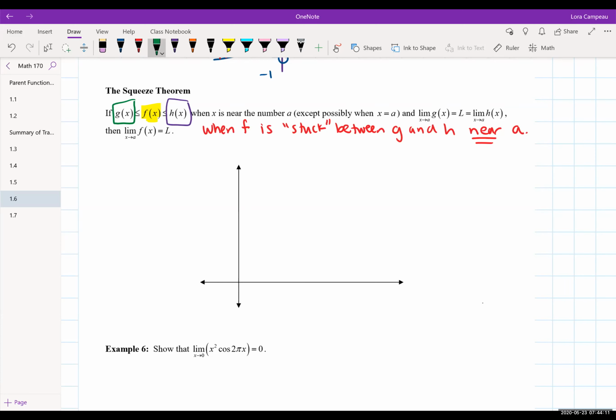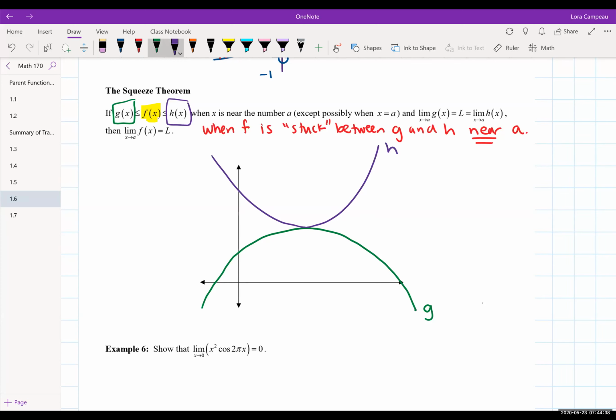Sometimes concrete examples are going to help us out. So let's do g. I'll make it look something like this. Nice function. It looks like part of it's a parabola. And then we have h. We'll make it the same way in a way. So those are some nice functions that we can play with.